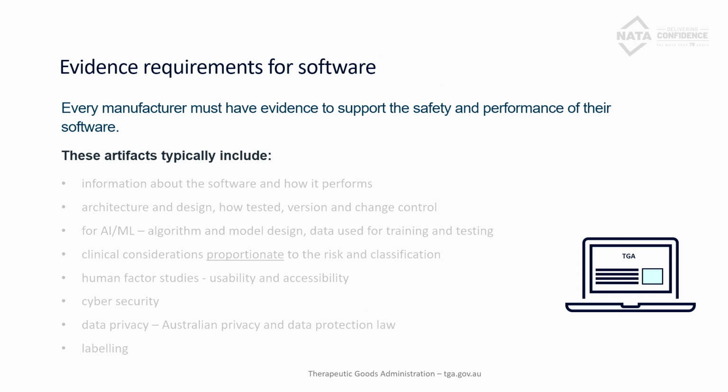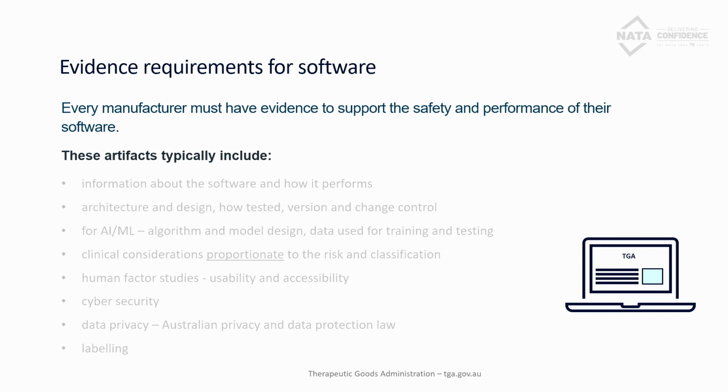So we require all of that information. Generalisability of that data, specifically the data that it's been developed on versus the intended use population. And any steps that the manufacturer has taken to identify the bias and potential limitations.